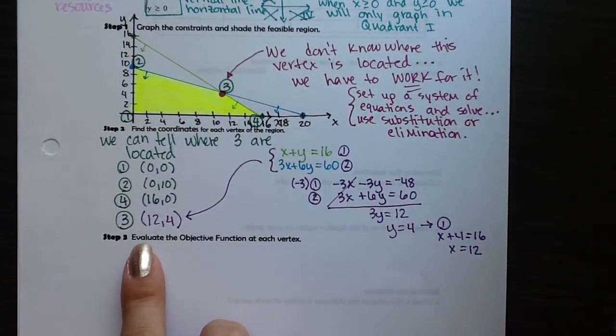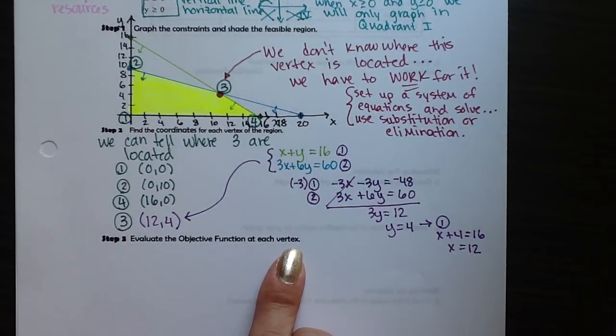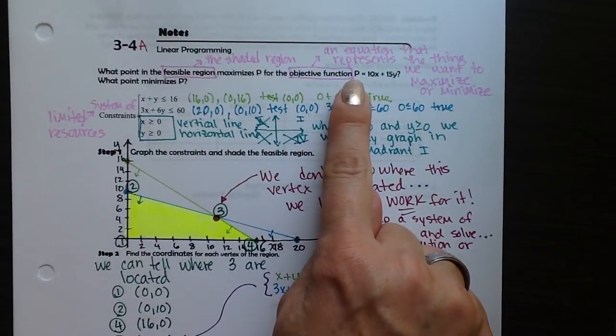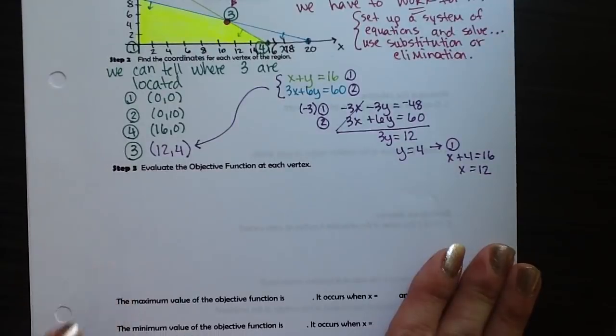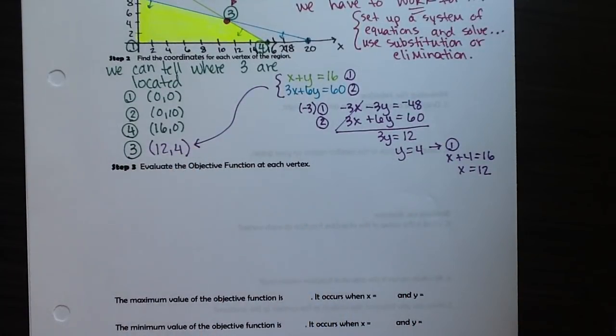The next step is going to be to evaluate the objective function at each vertex. Now, the objective function was all the way in the instructions up here: P equals 10x plus 15y. So I'm going to write that down so I have it closer to where I'm working.